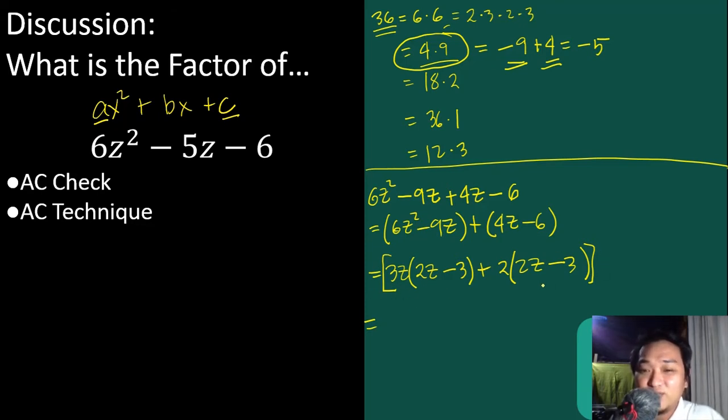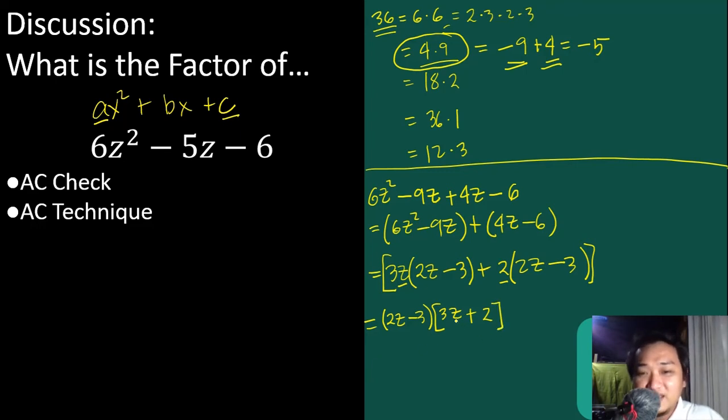We are going to write brackets here and then take out the quantity 2z minus 3. What remains inside the bracket is 3z plus 2.